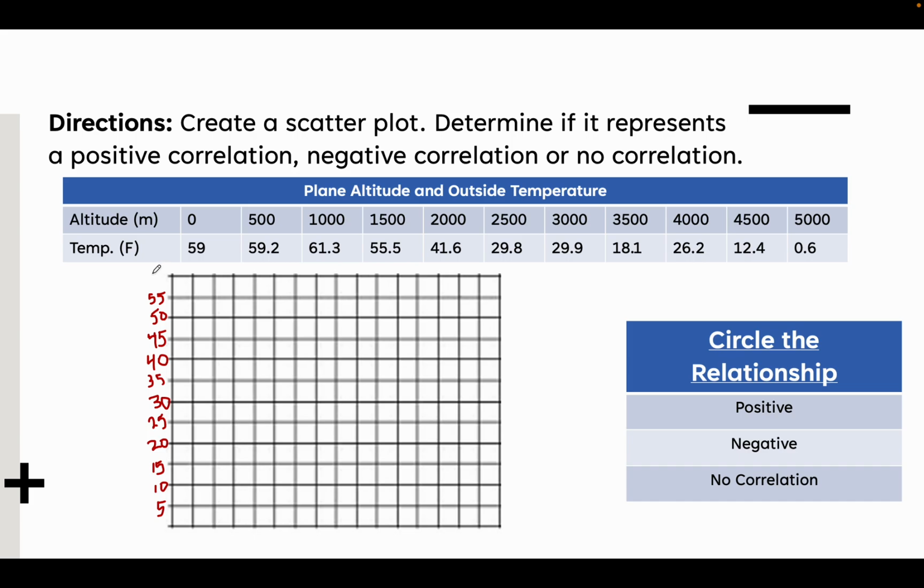Now I can tell you that means that I'm going to have one data term right here that is going to be off the graph a little bit. I think that'll be okay.